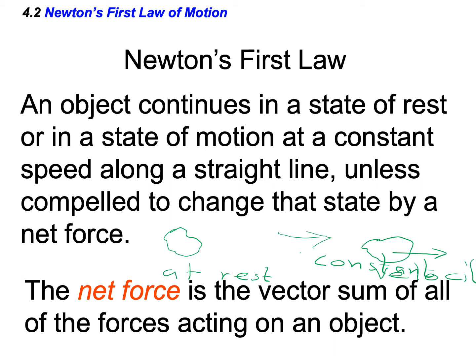So without a net force, we cannot change the state. Either it's at rest or remaining at constant velocity. So Newton's law is: an object continues in a state of rest or in a state of motion at a constant speed along a straight line, unless there is no net force.